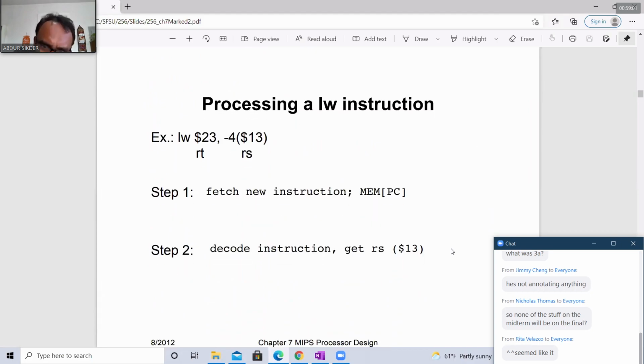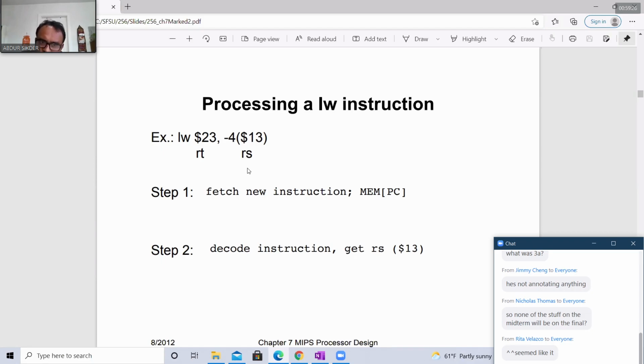Then the load word instruction, that we had one load word instruction, how it works, like how you can build the circuit for that. Fetch the instruction, decode the instruction, get RS. Because for load word, you have RT and RS, and then you have this integer number, 4 bytes.